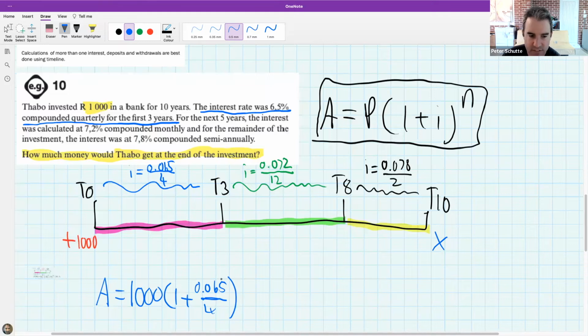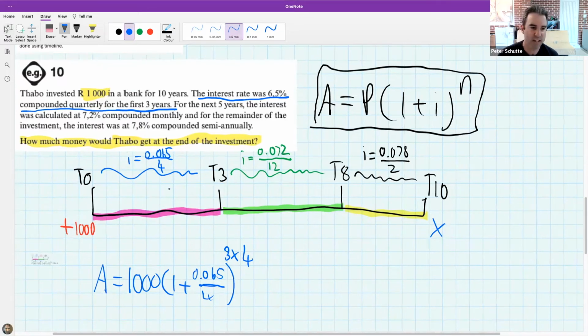So you take your 3 and you times it by 4 and you get 12. And that will get me from the 1,000 from there up to here. Again, give me a thumbs up if you understand what I've done there. The maths is below that.